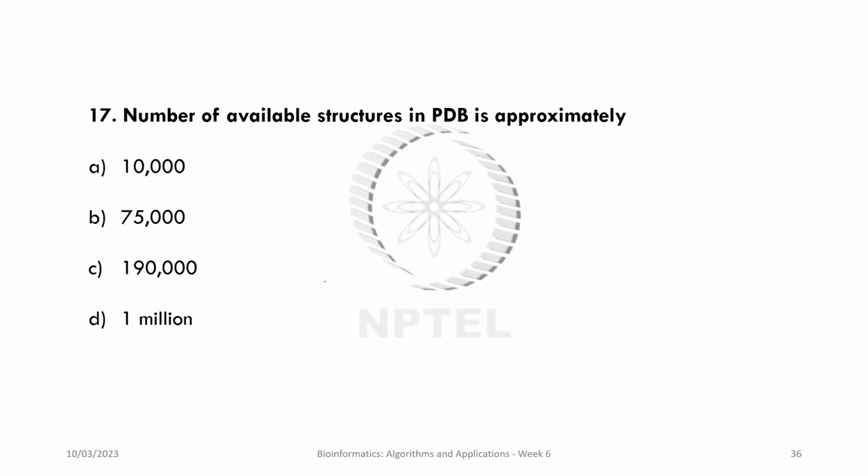Okay, question 17. The number of available structures in PDB is approximately: option A 10,000, B 75,000, C 1.9 million, and D 1 million. Thank you, Hari. A very straightforward question. All of us know what the answer is.